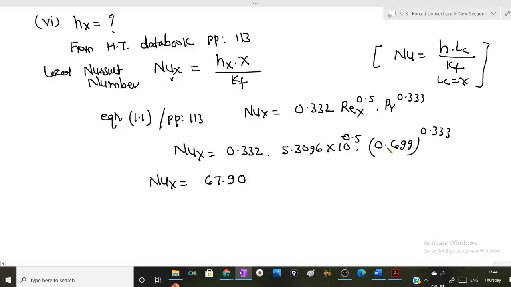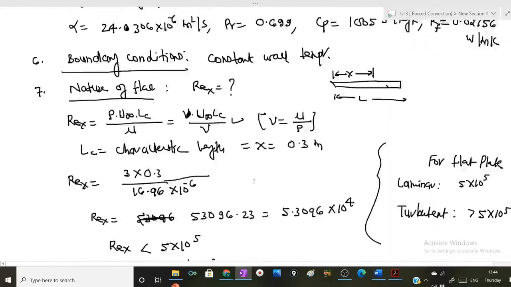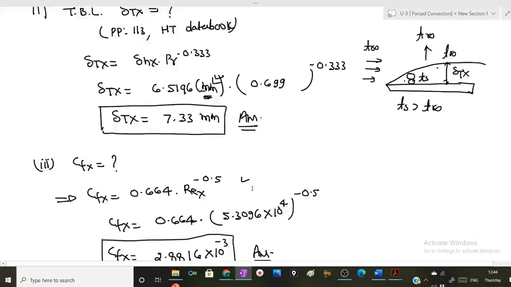So now 67.90 is the local Nusselt number, equal to Hx into 0.3, and the thermal conductivity of fluid I have is 0.02756.